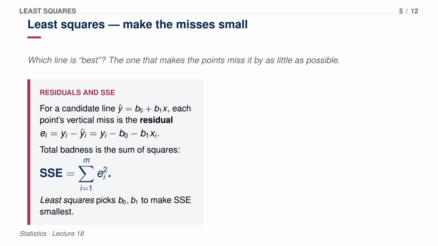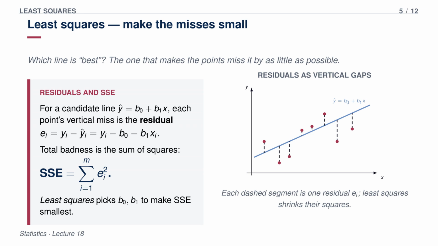Here's the idea. For any candidate line, y hat equals b-naught plus b1x. Each data point misses that line by some vertical amount, the residual, ei, equal to yi minus y hat i. And you don't want misses that cancel. A residual of plus 10 and one of minus 10 shouldn't look balanced.